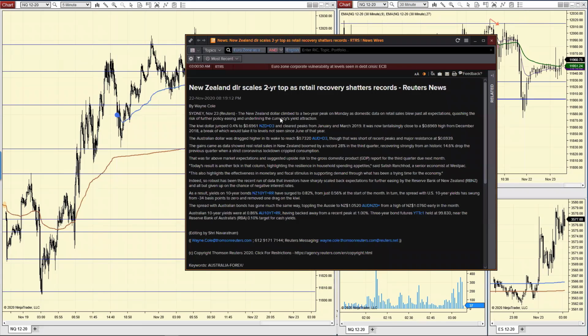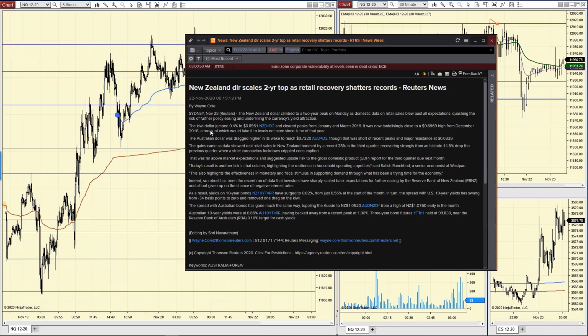The New Zealand dollar climbed to a two-year peak on Monday as domestic data on retail sales blew past all expectations, quashing the risk of further policy easing and underlining the currency's yield attraction. The Kiwi dollar jumped to 69.61 and cleared peaks from January and March 2019. It was now tantalizingly close to 69.69, and I think our bias chart resistance for today is 69.75.